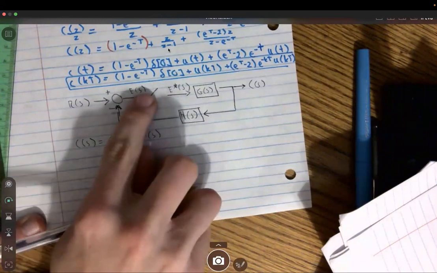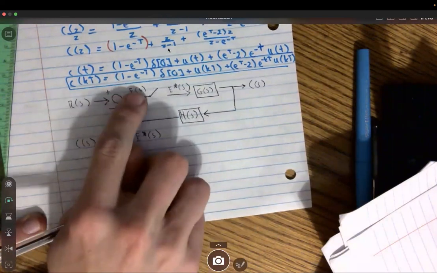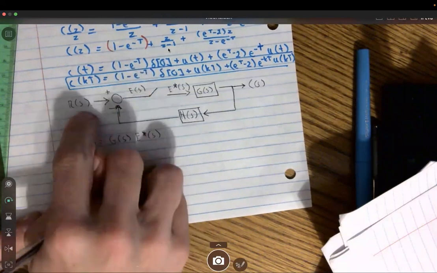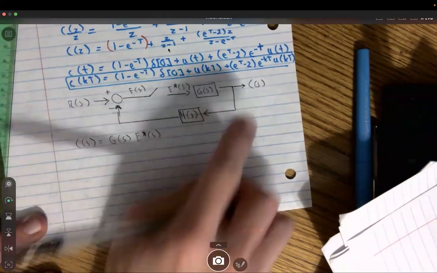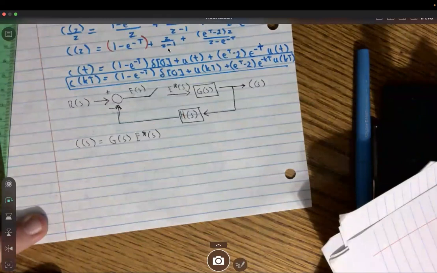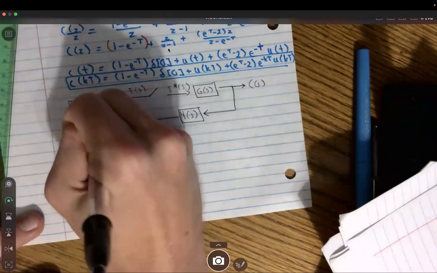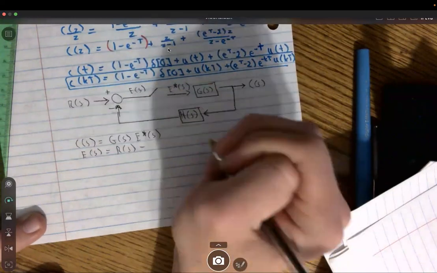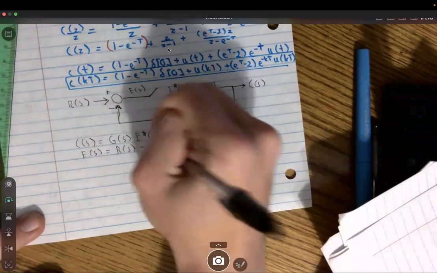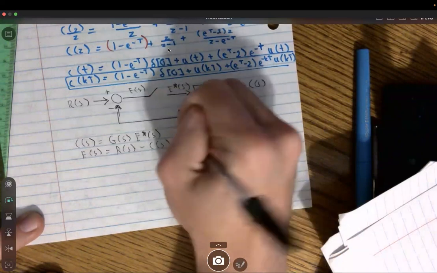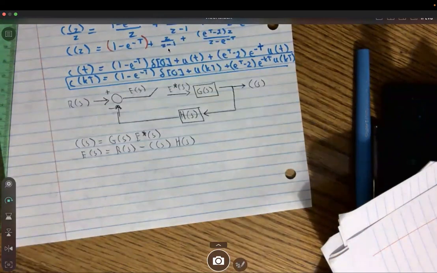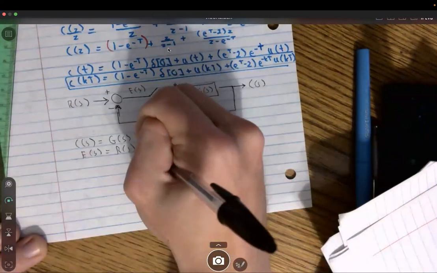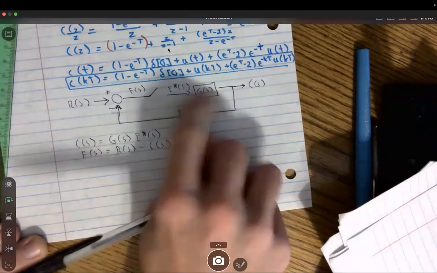Now we have to make an equation for the input of the switch, because it's not E of S is equal to E of S. E of S is equal to R of S minus H of S times C of S. So what we're going to see here is E of S equals R of S minus C of S multiplied by H of S. Actually, as a rule of thumb, it's your transfer function, then your input.